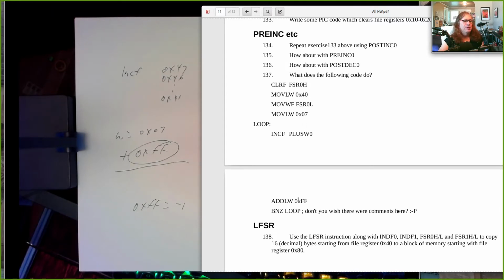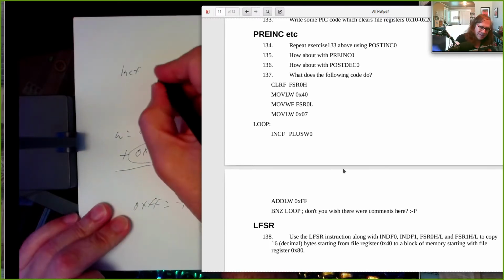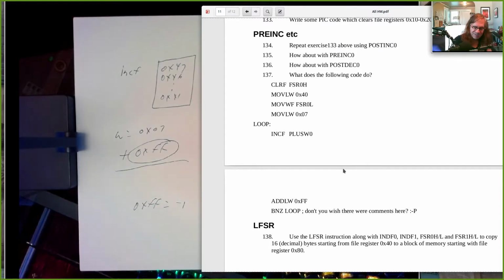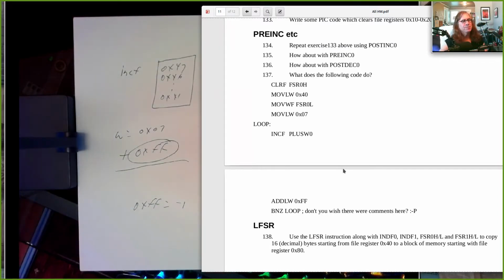And then when we add minus 1 to W, W will become 0. It says branch if not 0. Well, 0 is 0, so it will not branch. So this will actually clear file registers 47 through 41. But it'll stop at 41. It won't go on to 40. And so it'll just fall through to whatever.